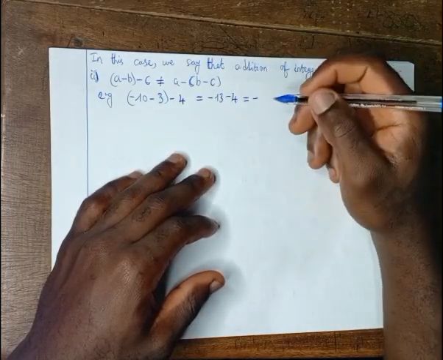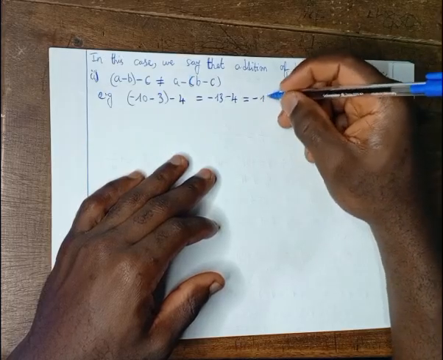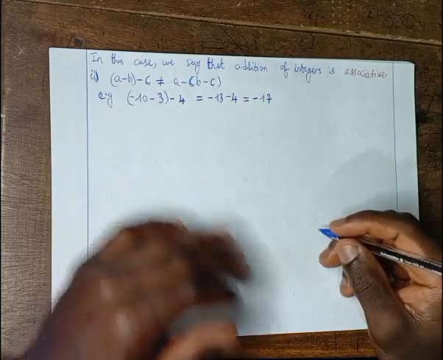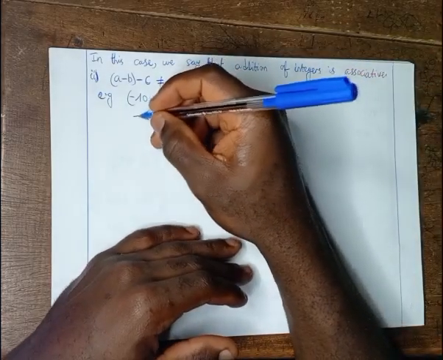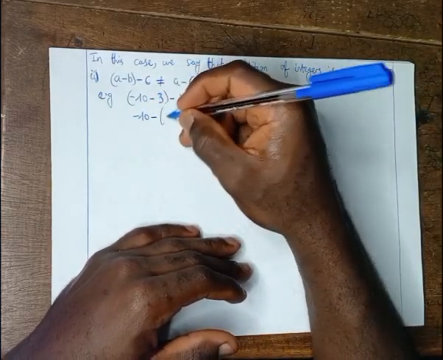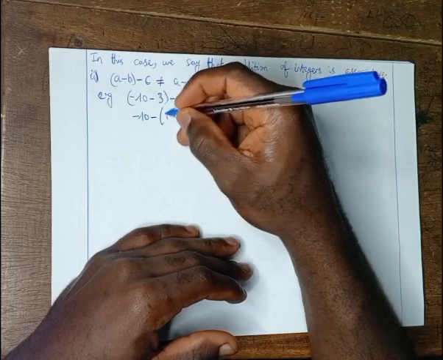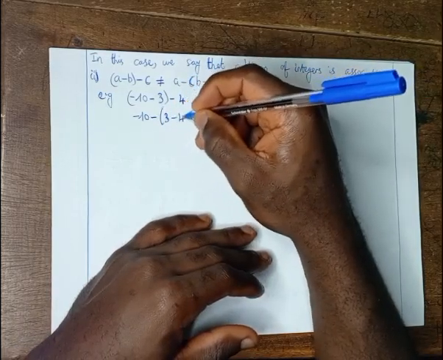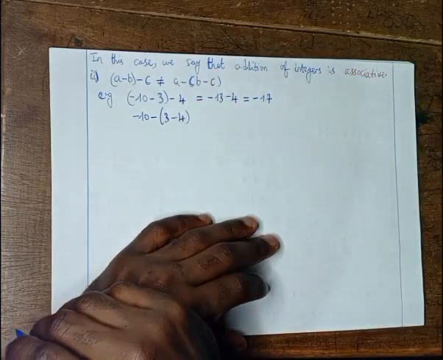If we add the two numbers, 13 plus 4 gives us 17, so the result will simply be negative 17. Now if we take negative 10, minus, then we write down 3 minus 4 as such.